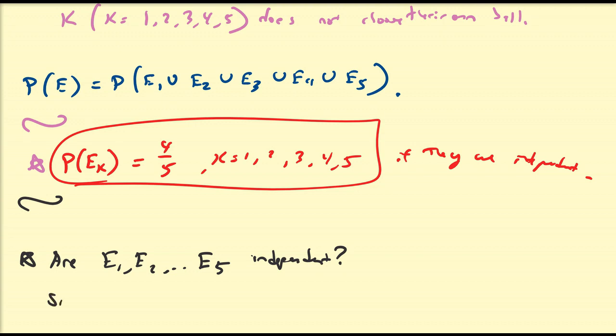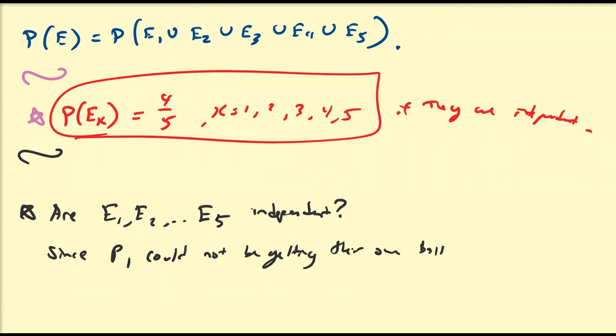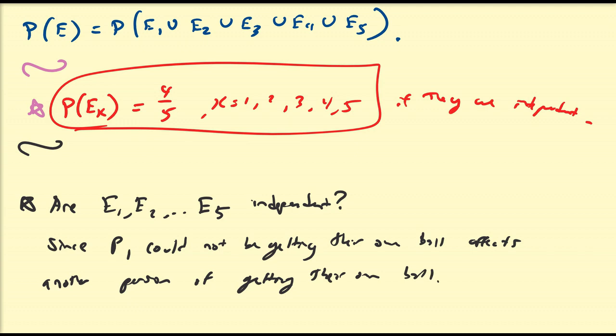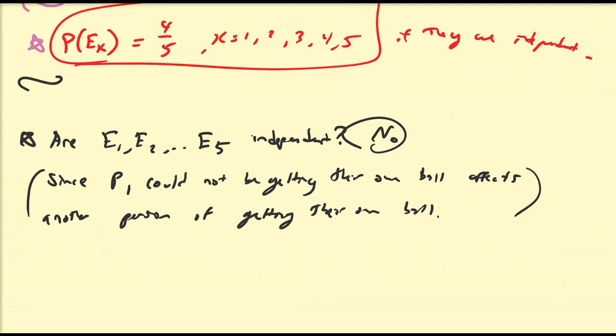So in general, since person 1 not getting their own ball has happened, this affects another person getting their own ball or not getting their own ball. So this definitely has some effect. So in general, the answer will be no.